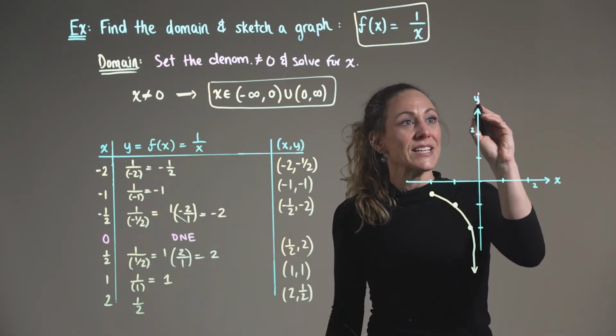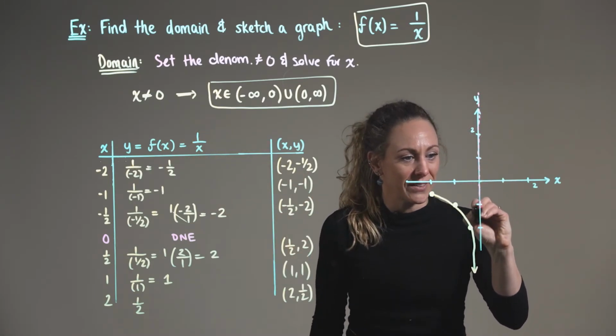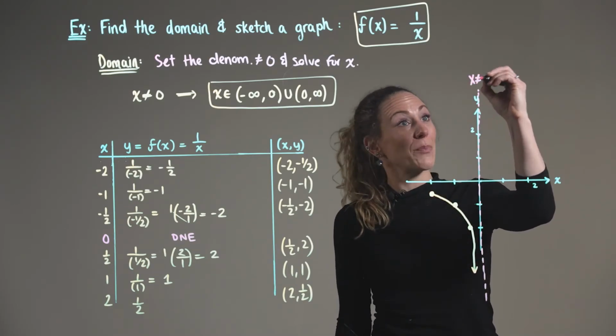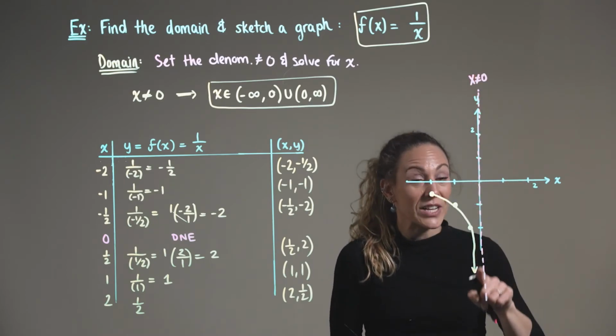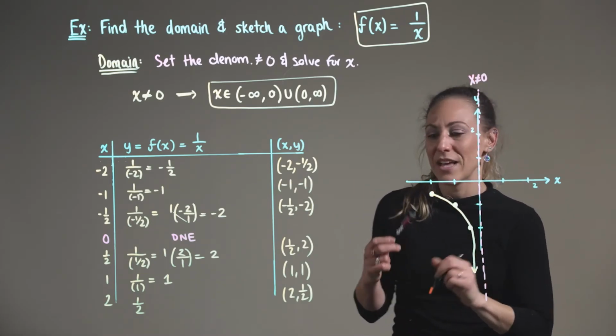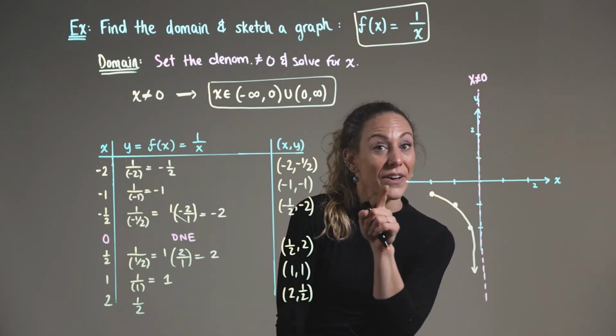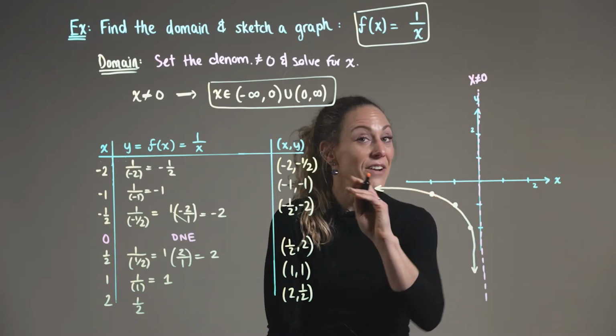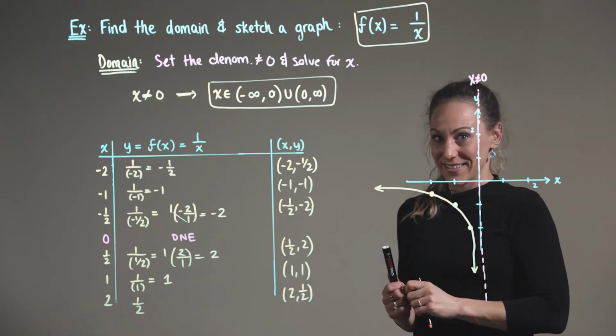We can indicate this on our graph using a little dotted line, to remind ourselves that x cannot be equal to 0. The function cannot cross this line. As our x values get smaller and smaller, they approach 0 but never cross.